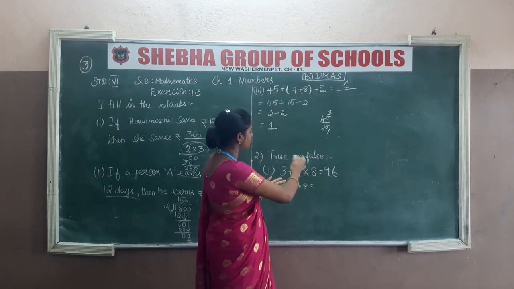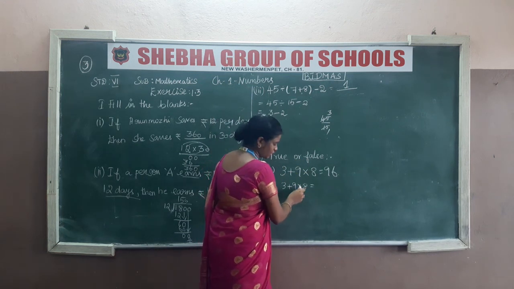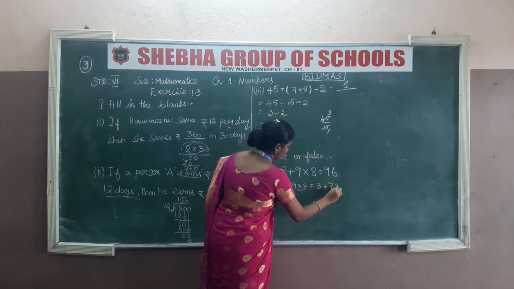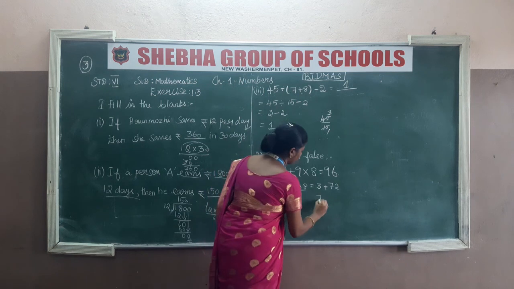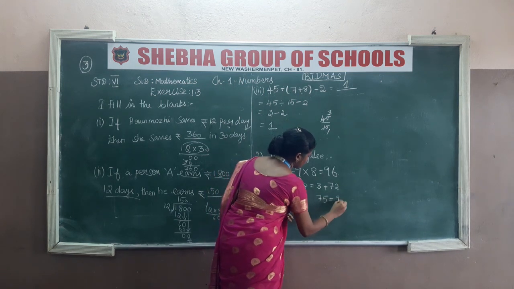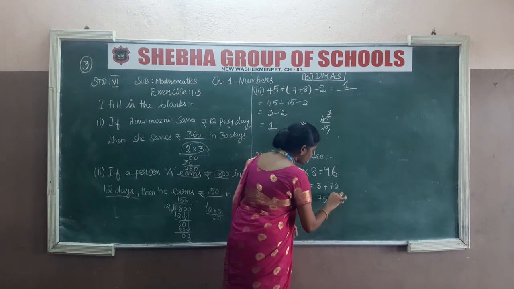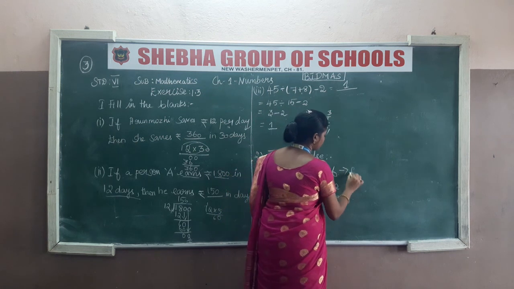No. Division? No. Any multiplications? Yes. 9 8s are 72. So 3 plus 72 is 75. Is 75 equal to 96? Not equal. So this is false.